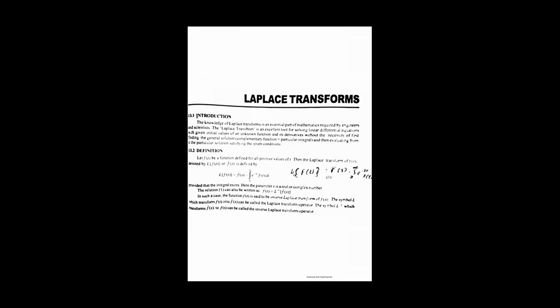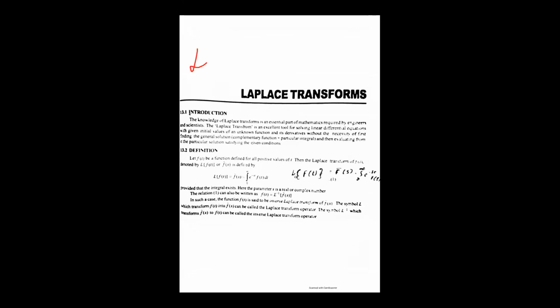The first problem is: find the Laplace transform of e power 2t plus 4t square minus 2 sin 3t plus 3 cos t.